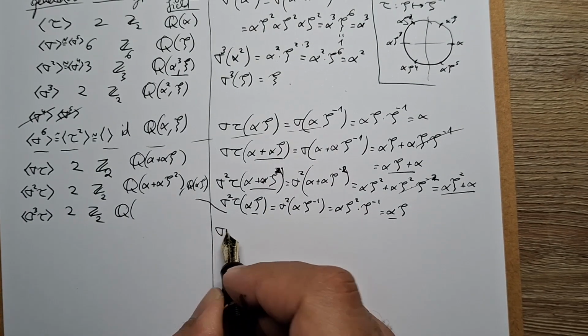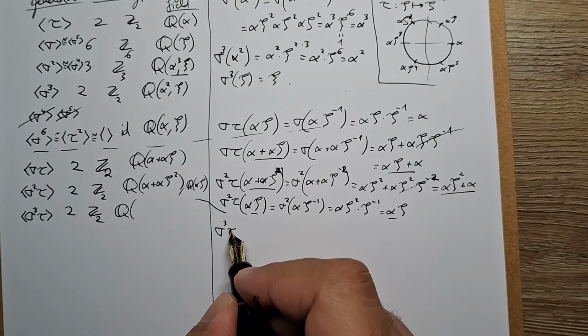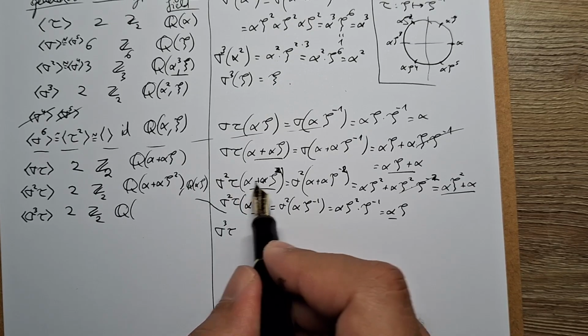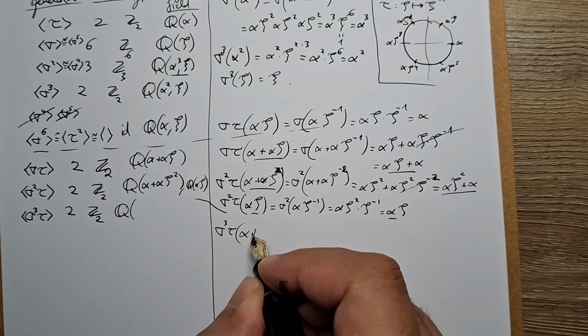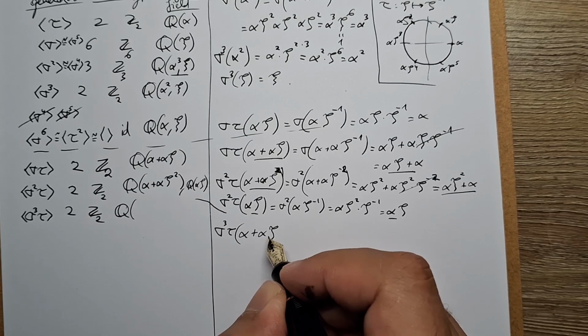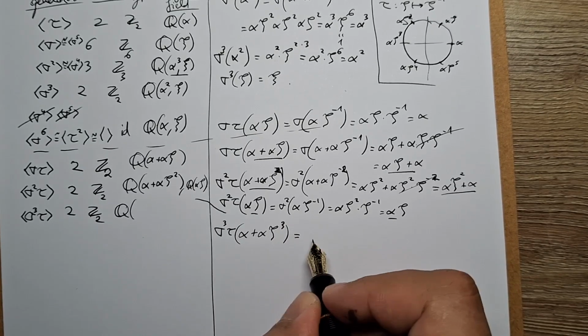We have now sigma to the power of 3 multiplied by tau. So we are going to iterate over this thing that we had here. Let's try if this works out. Spoiler, yes. So alpha plus alpha multiplied by theta to the power of 3. Now we apply tau.